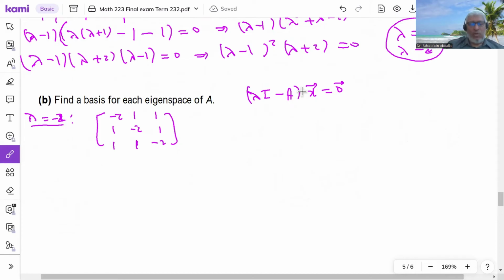I need to use Gauss and Jordan to simplify it. So I will take this row to be the first row. So I'll interchange row 3 and row 1.